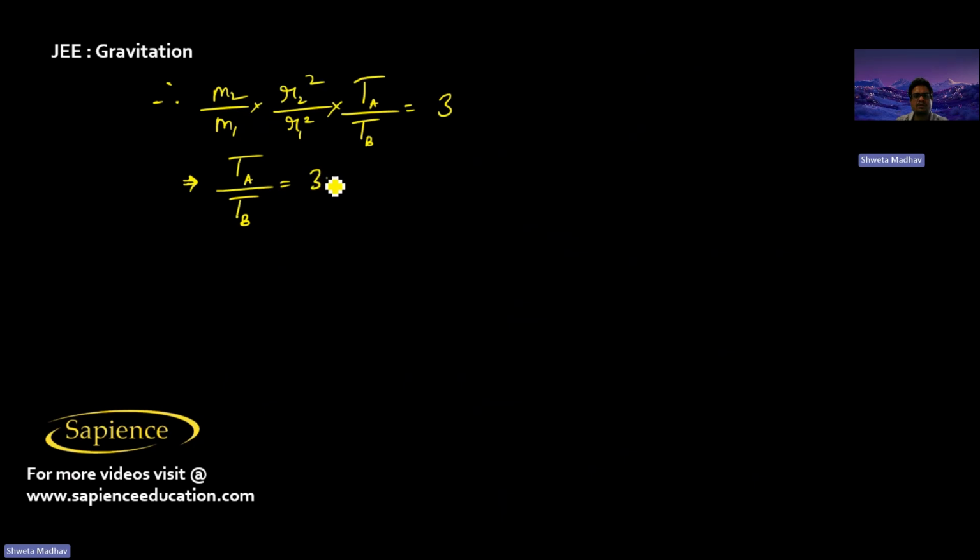TA by TB will be equal to 3 into M1 by M2 into (R1 by R2) whole square.